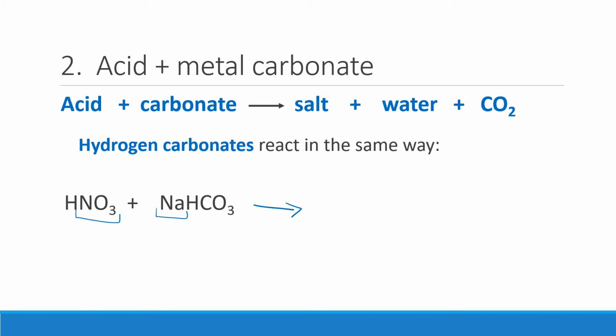So both of those have a +1 or -1 charge. So our formula for our salt is NaNO3, sodium nitrate, and then we get water, H2O, plus CO2. And if you check through there, we don't need any coefficients. That equation is balanced. So hydrogen carbonates react in the same way as carbonates.